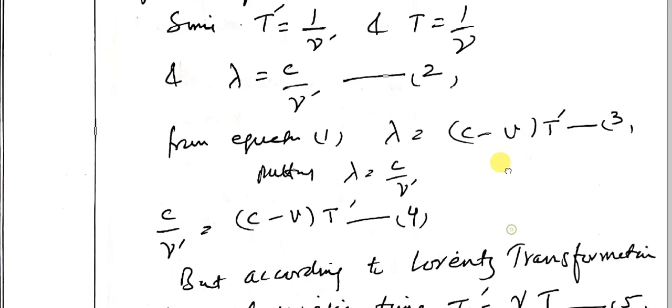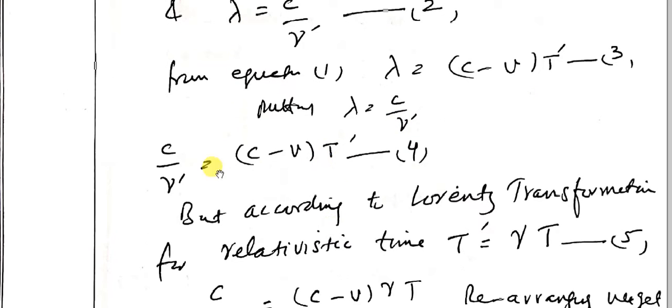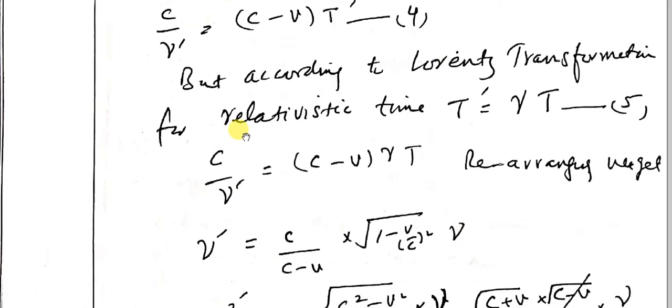Putting lambda equal to c by nu prime, c by nu prime is equal to c minus v times t prime, where v is the constant velocity of the source. This is equation number 4. But according to the Lorentz transformation, for relativistic time, t prime is gamma times t. This is equation number 5.